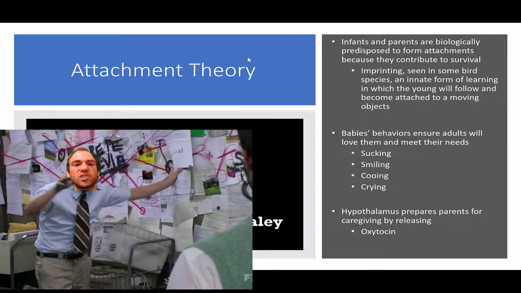All of which suggests that this attachment is a species-specific necessity needed for young children who are extremely vulnerable to survive.